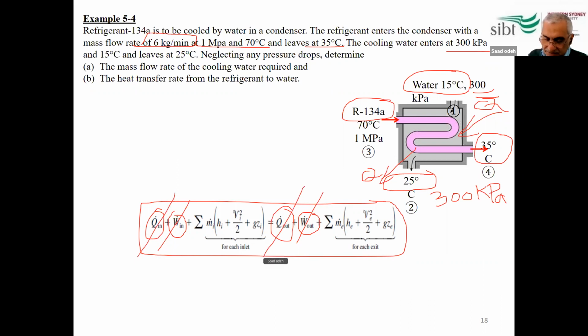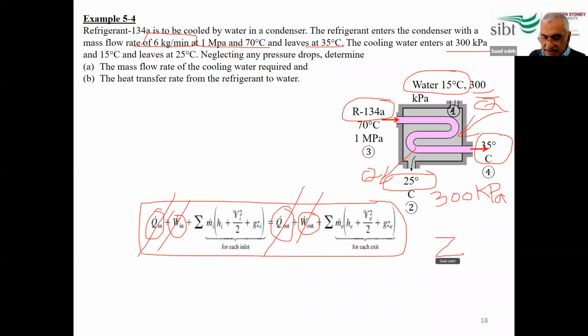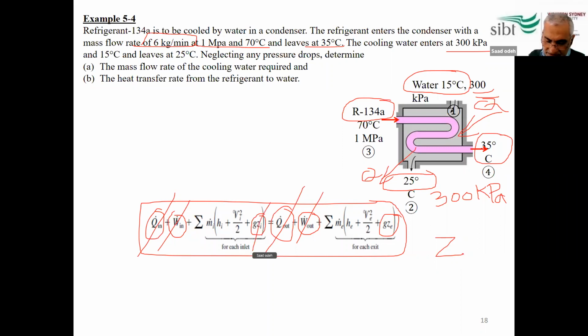And if we assume that the heat exchanger inlet and exit are at the same Z, same height, is there a change in potential energy in and out? What do you think? Faisal? No, sir. Thank you. So we can also eliminate this.